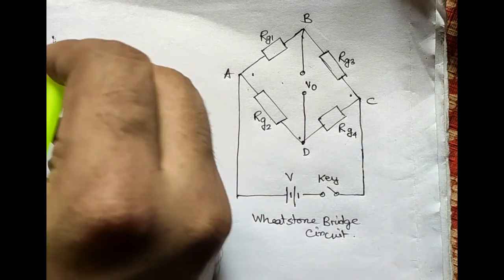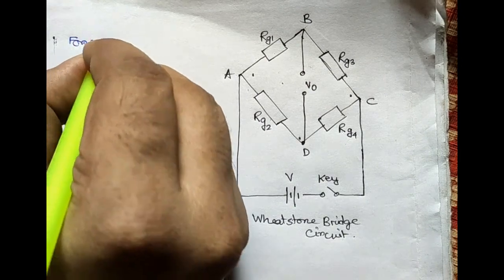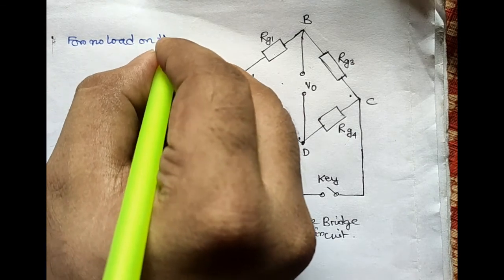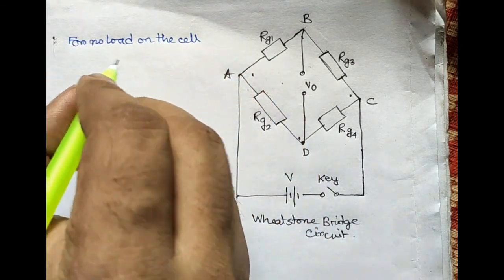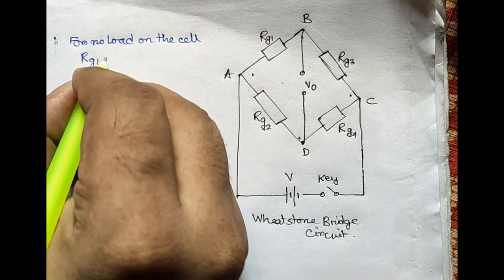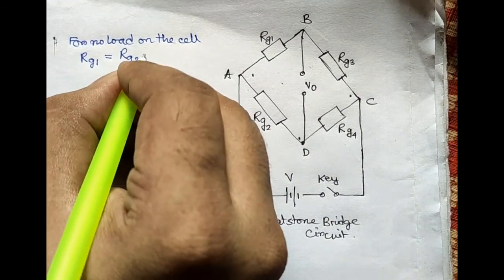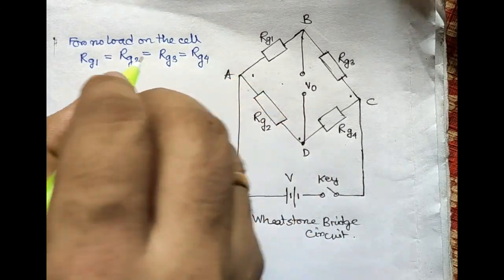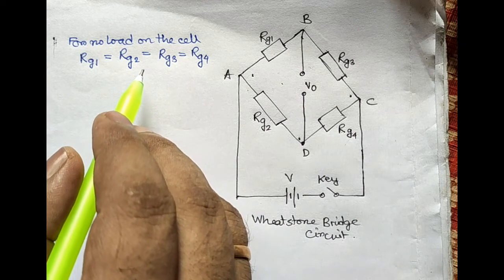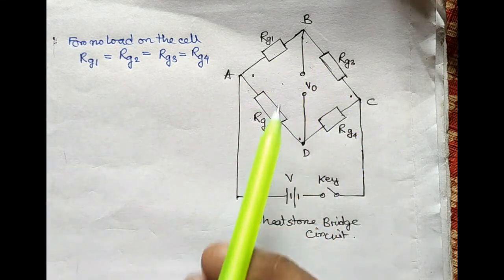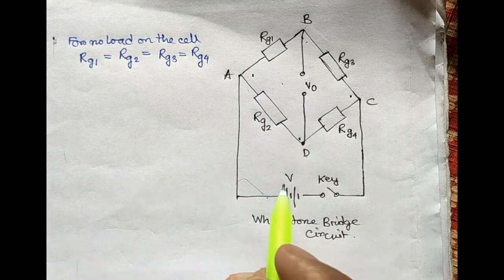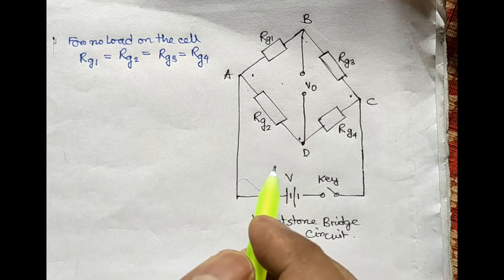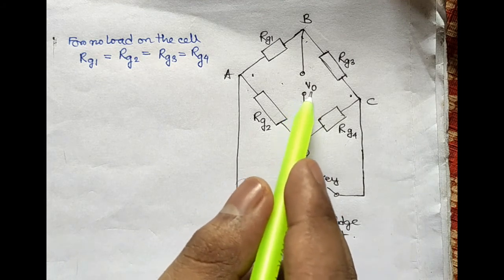That means for the no-load condition on the cell, the resistances become the same: RG1 equals RG2 equals RG3 equals RG4. Obviously terminals B and D have the same potential, so the bridge is balanced and the output voltage becomes 0. That means V0 will become 0.